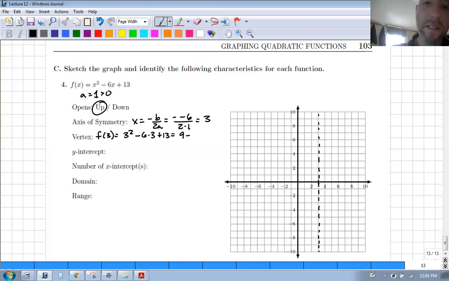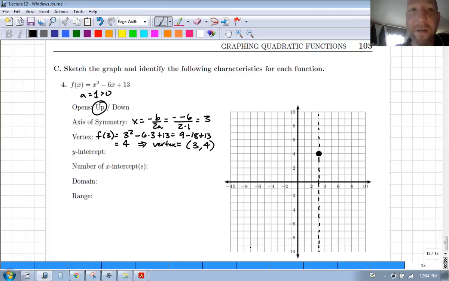That's 9 minus 18 plus 13. -9 and 13 is 4. So our vertex is at (3, 4). So we go over 1, 2, 3 and up 4. Boom. There's our vertex.